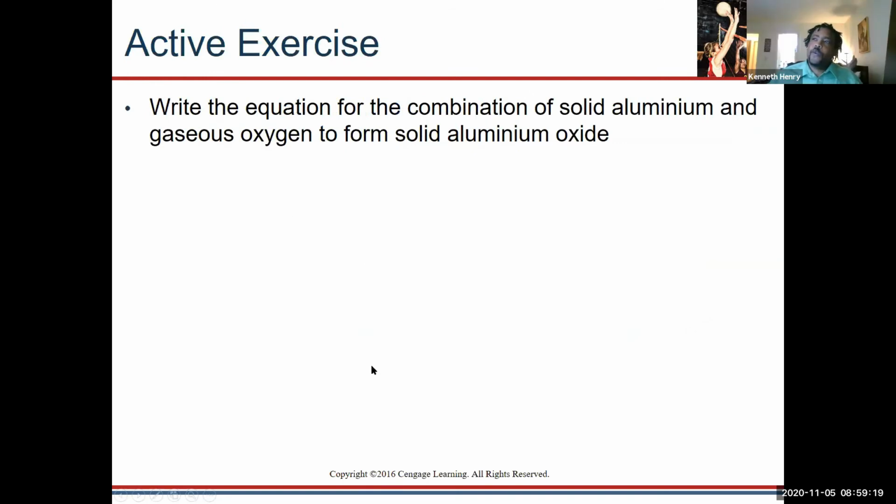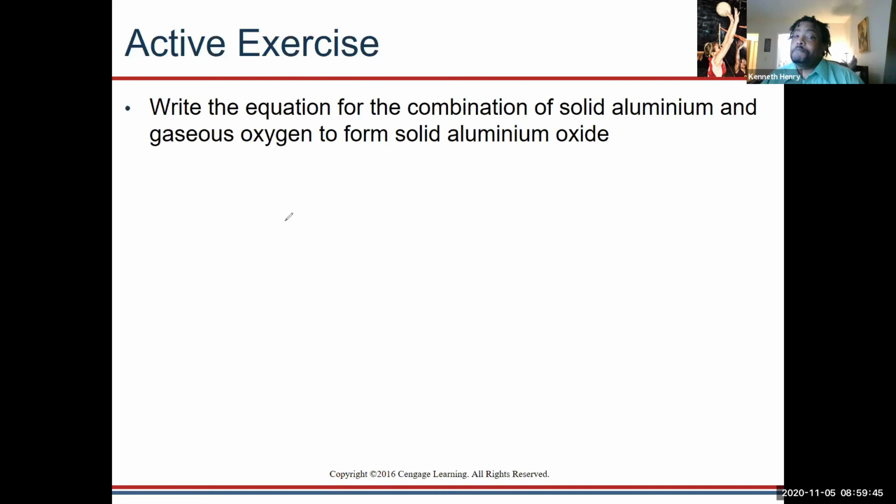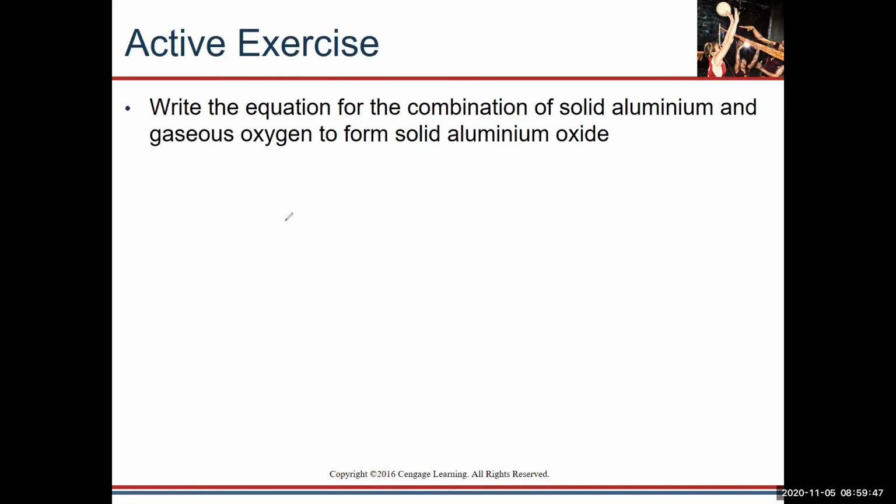Write the equation for a combination of aluminum and gaseous oxygen to form aluminum oxide. So what are my reactants? Aluminum and oxygen.